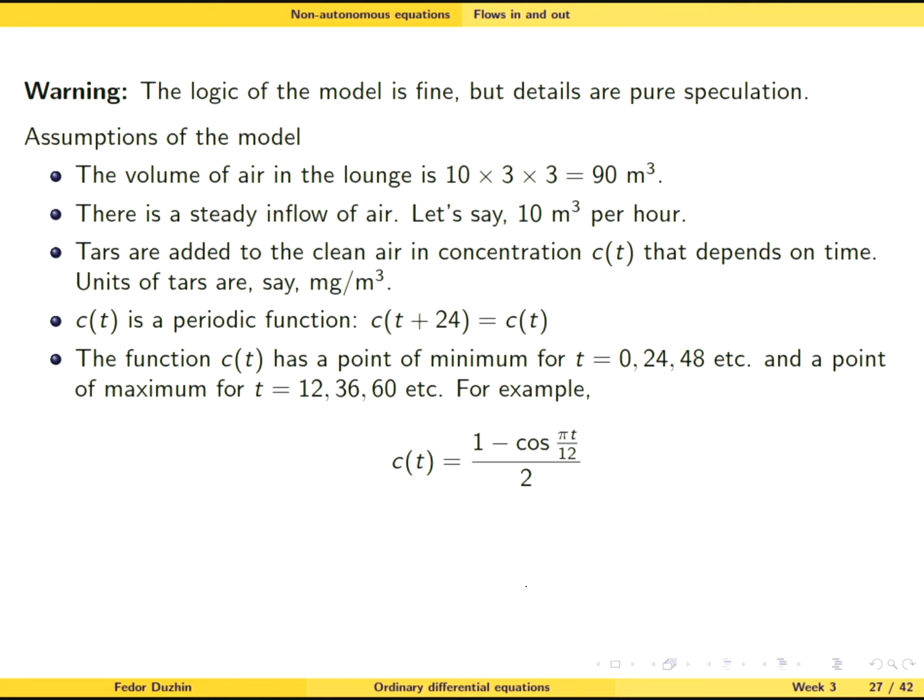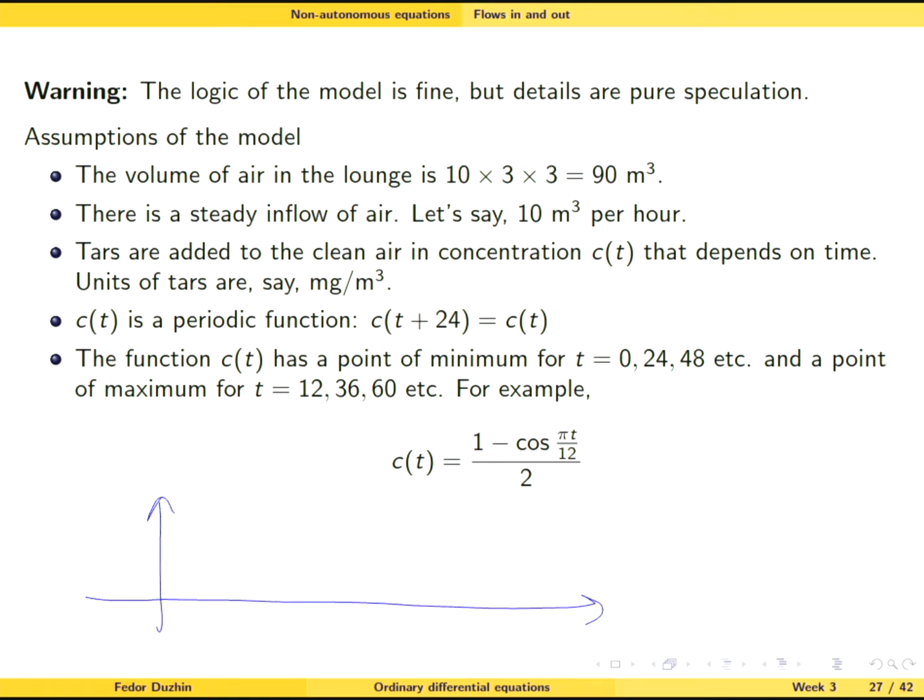Again, the real function is probably not that simple, but the logic is fine. So here, for C of t, the minimum value is 0, the maximum value is 1.